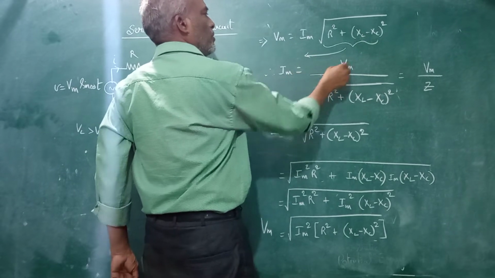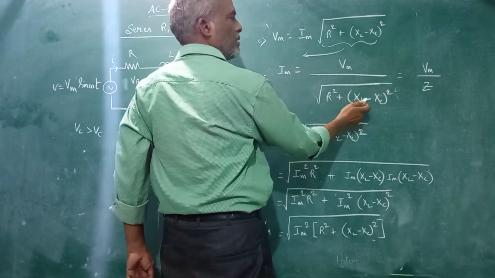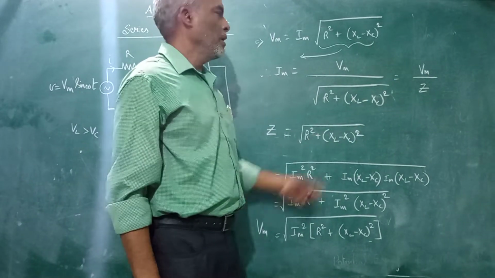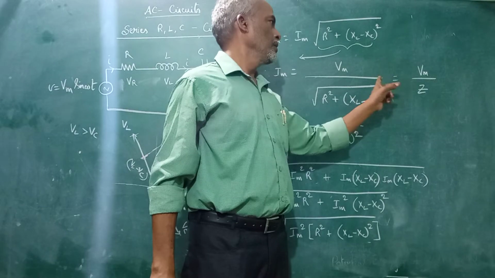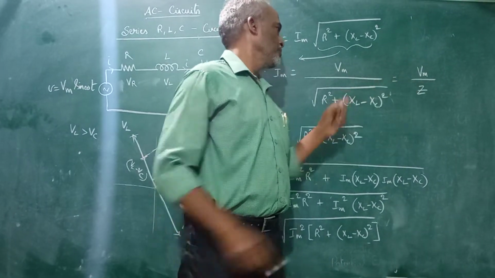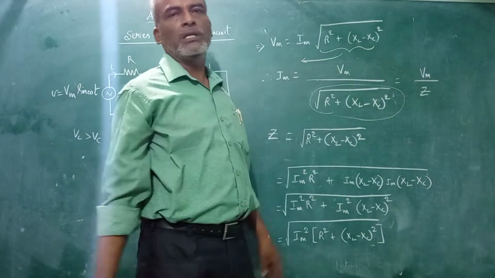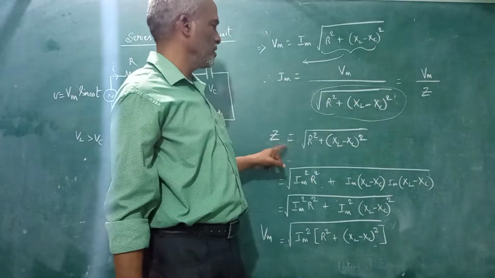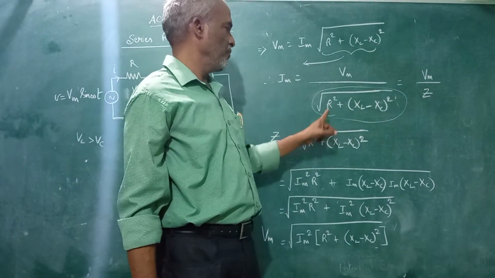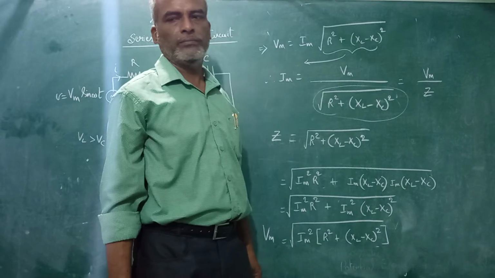Im is equal to Vm divided by the root of R square plus XL minus Xc the whole square. Now this is called impedance, denoted by Z. This whole term is referred to as the impedance of the given circuit. Therefore Z is equal to the square root of R square plus XL minus XC the whole square.